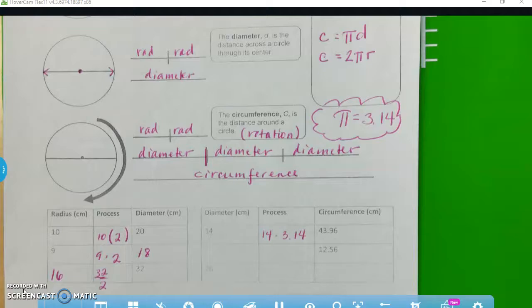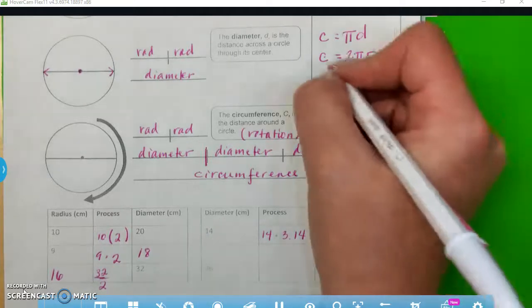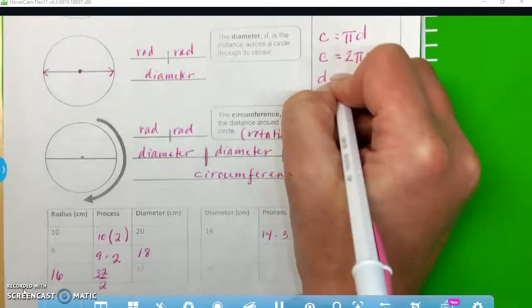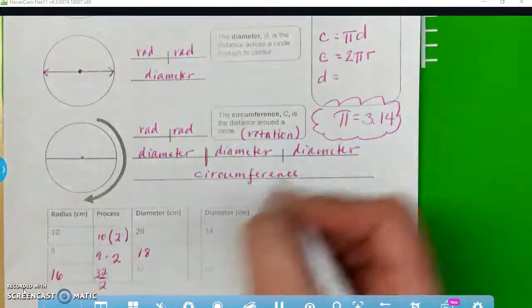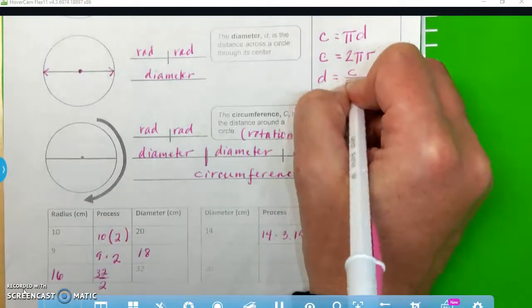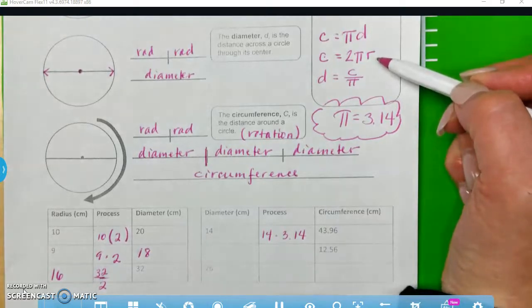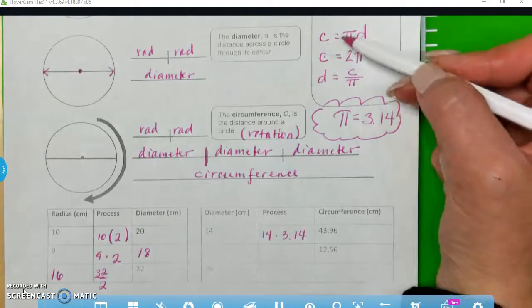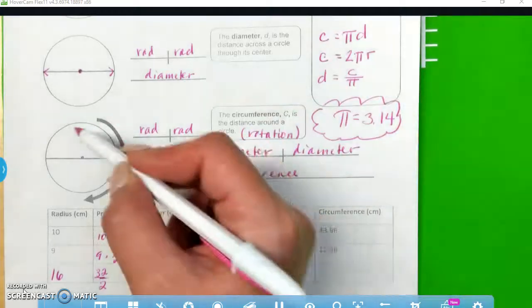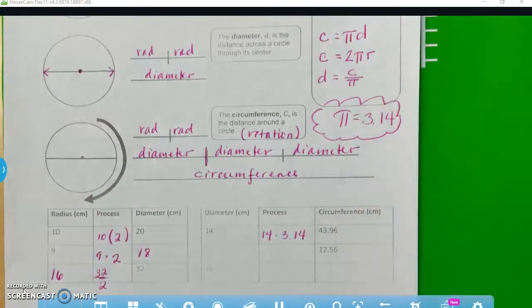In the second example, we already have a circumference. We don't have the formula, so let's go ahead and write it down. We need diameter, we have circumference. So diameter would be calculated by dividing circumference by pi. All I'm doing is reversing this formula from earlier. To find circumference, to find that greater distance, I multiply diameter times pi.